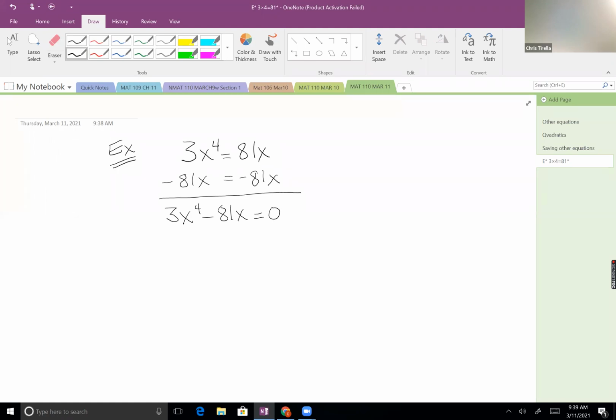It's descending order, one side 0. So now we're going to factor completely. When I factor completely, I always look for a common factor first. Does anybody see the common factor here?